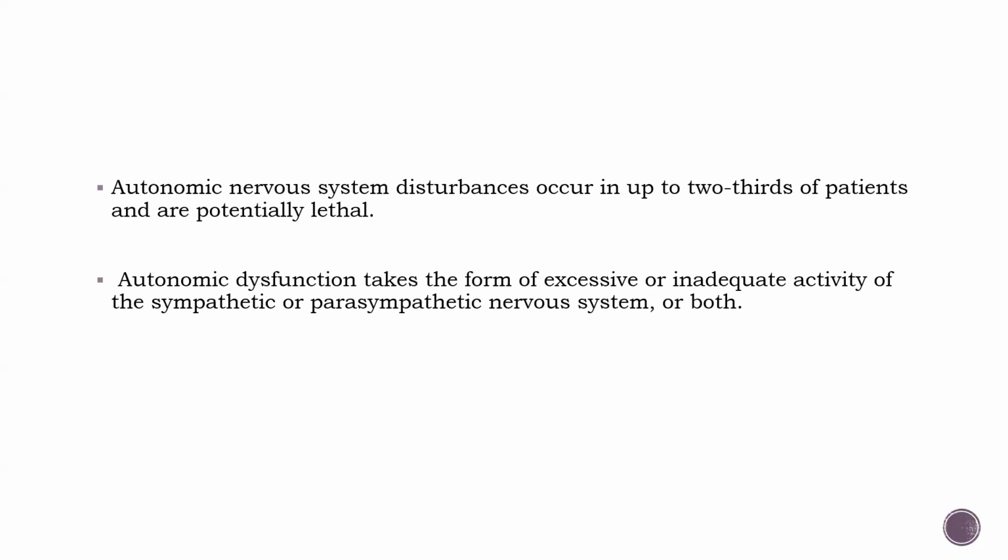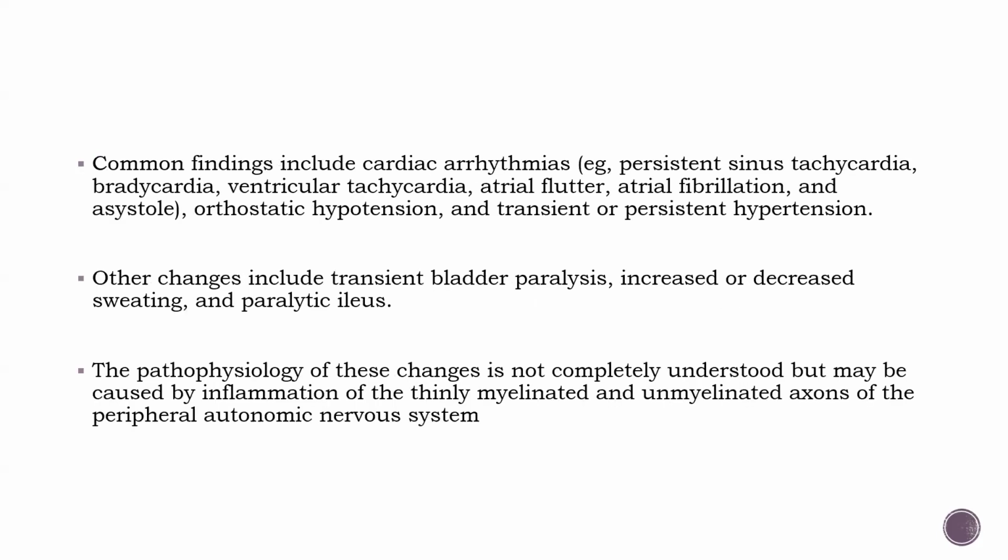Autonomic nervous system disturbances occur in up to two-thirds of patients and are potentially lethal. Autonomic dysfunction takes the form of excessive or inadequate activity of the sympathetic or parasympathetic nervous system or both. Common findings include cardiac arrhythmias, for example persistent sinus tachycardia, bradycardia, ventricular tachycardia, atrial fibrillation, atrial flutter, asystole, orthostatic hypotension, and transient or persistent hypertension.